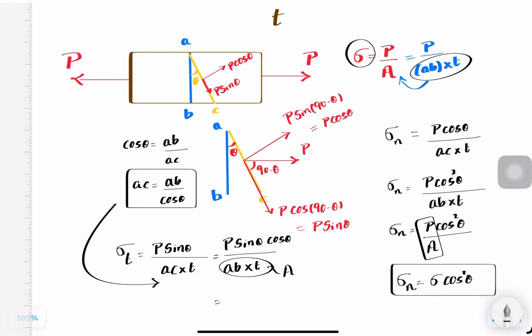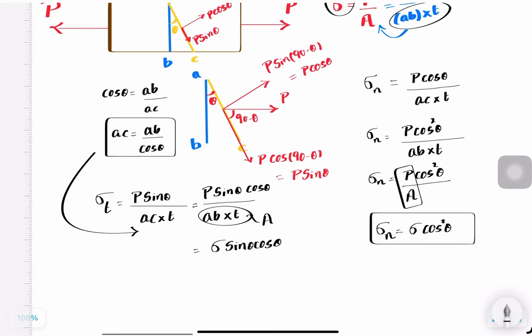Again, AB into T is simply the cross-sectional area. So in the next step, it's going to be P by A into sine theta cos theta, which is sigma into sine theta cos theta. In the next step, for the tangential stress, I'm just going to multiply and divide by 2 in the numerator and the denominator, so I'm not doing any damage to the equation.